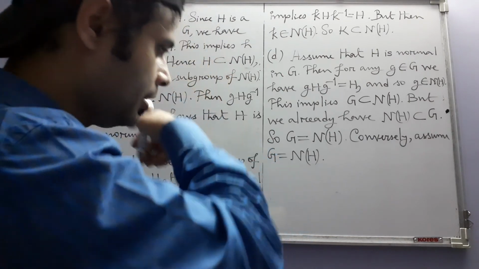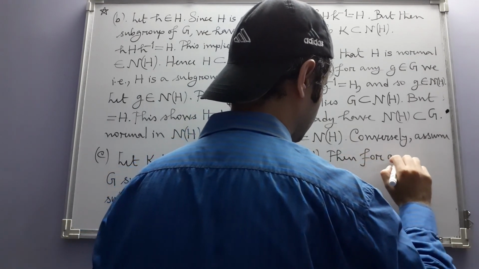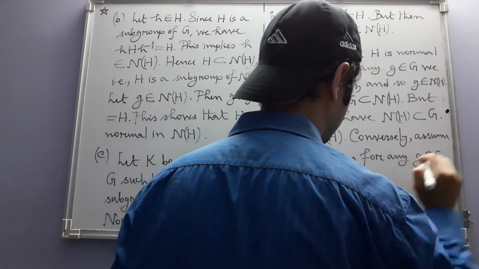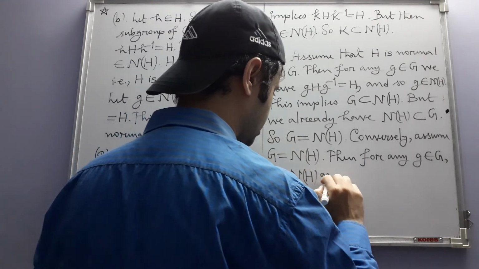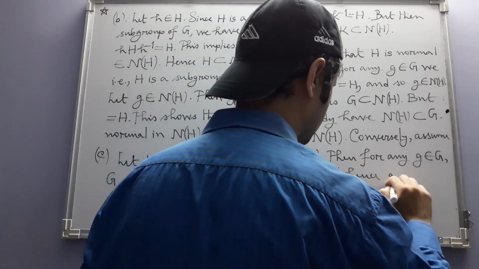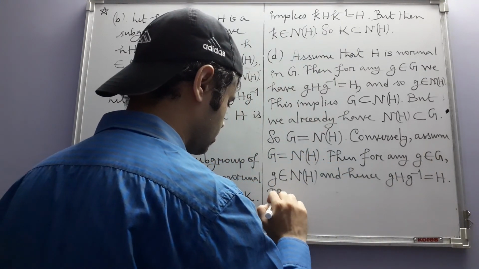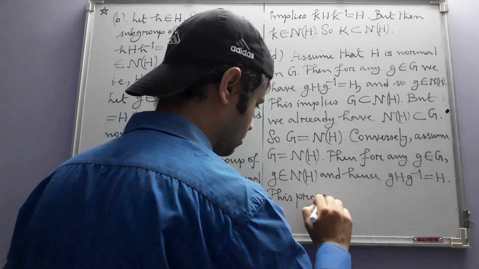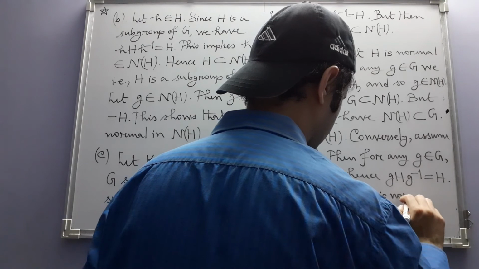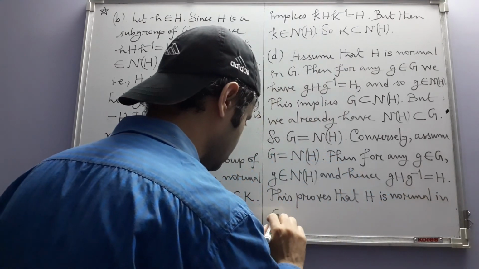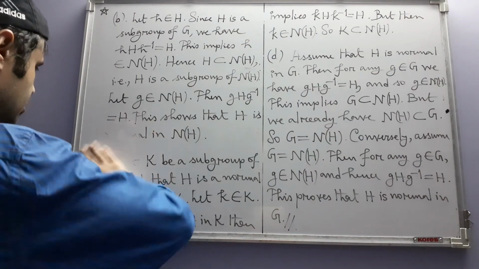But then by the definition of NH and this equality, for any g belonging to G, g belongs to NH, and hence gHg inverse is equal to H. This proves that H is normal in G. And this completes part D, and it completes the solution.